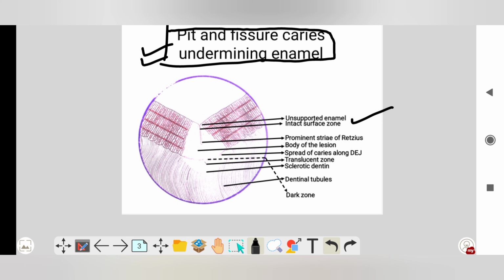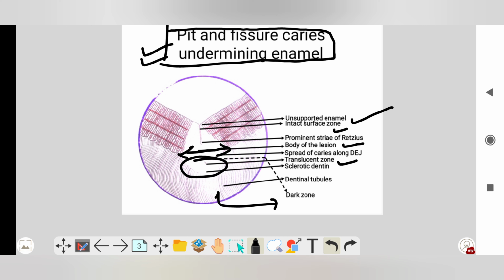Then you can also see all four zones: the translucent zone, just above it the dark zone, then the body of the lesion, then the intact surface zone. You can see this broad base of the cone. This is the sclerotic dentin and these are the dentinal tubules.